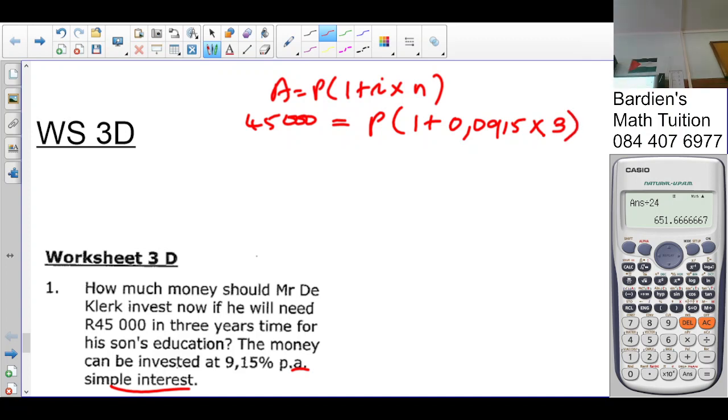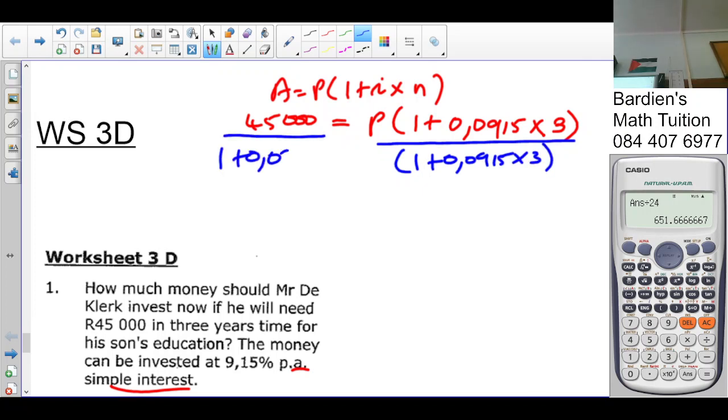So how are we going to calculate P here? Take the P over. How? Bracket, yes, divide by the bracket, don't take P over. So I divide by the bracket both sides. It's 1 plus 0.095 times 3 both sides. So that cancels that.